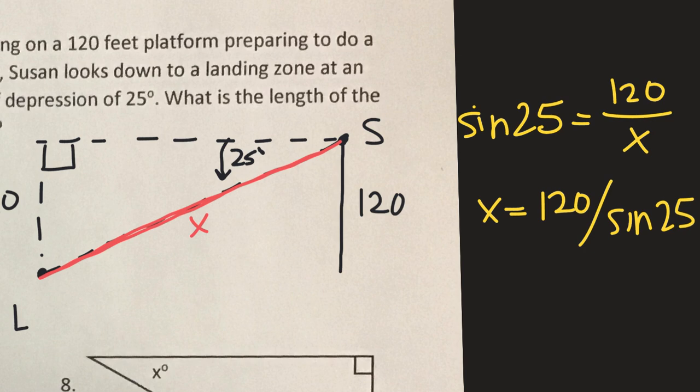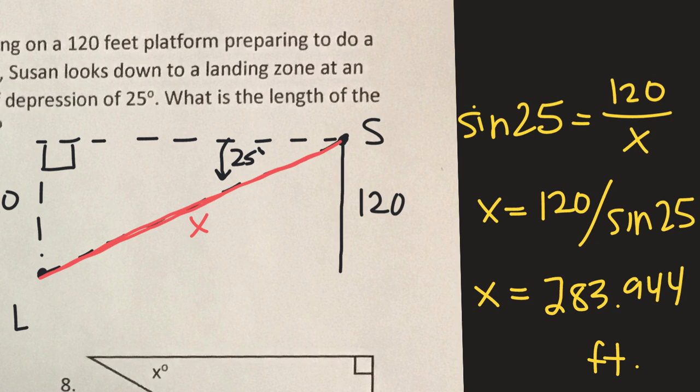The number always comes first when we do this, and we find that the zip line is 283.944 feet long. If that's the kind of stuff you're into, that's probably pretty fun. A 283-foot zip line.